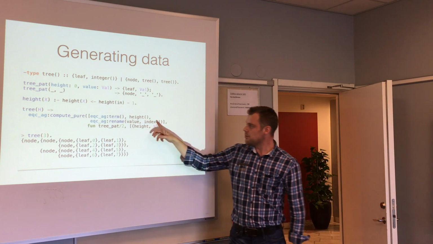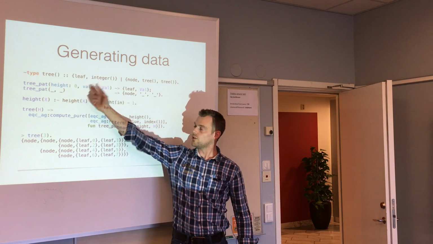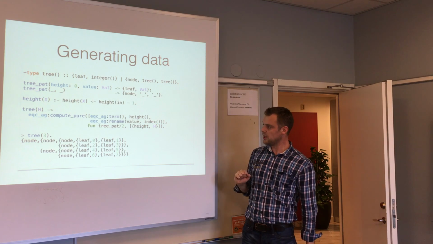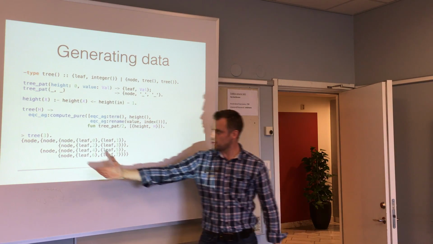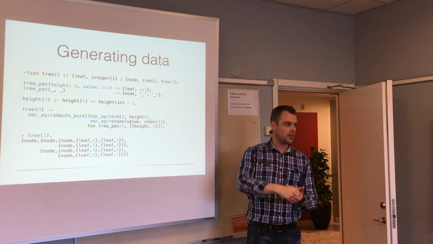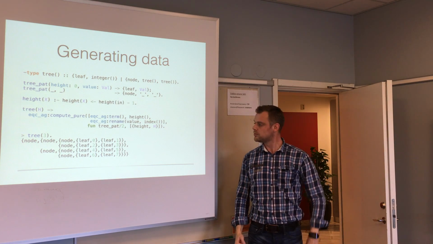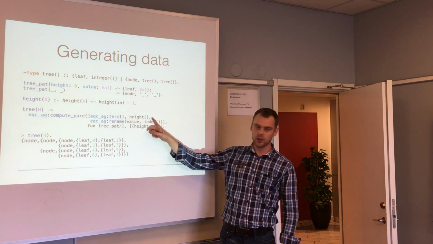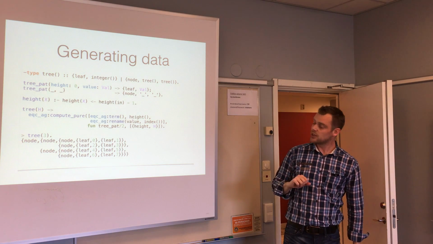And then we rename the value attribute to index, so everywhere where value is used, we use the index. And we can generate trees. If we call tree with 3, we generate a tree with height 3. And you can see that we can reuse attributes that we have previously defined.